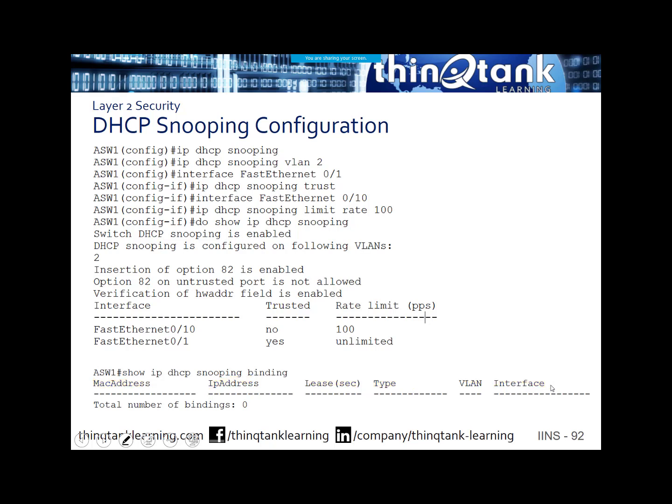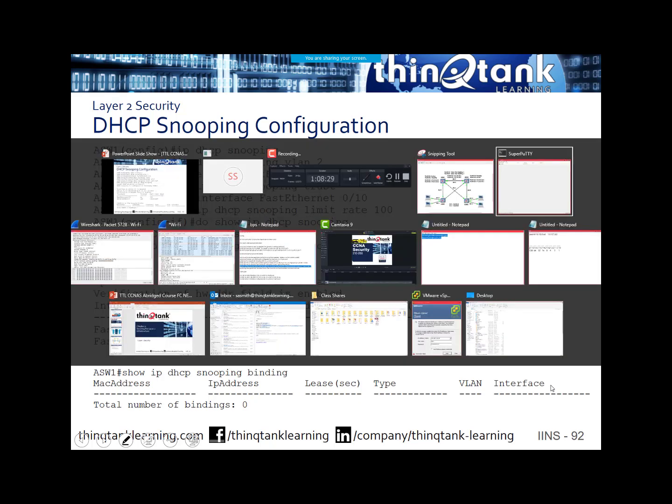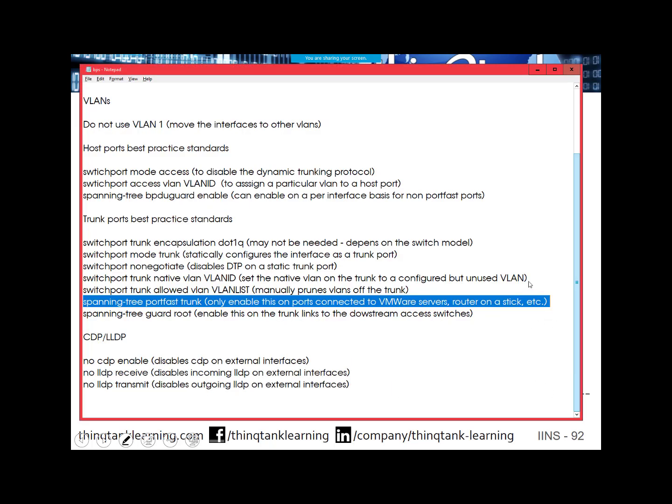Should I add this to our best practice configuration? Yeah, I think so. I think DHCP snooping is definitely something that you would most likely want to run on not all of your switches, but certainly some of your switches. So we're going to go ahead and add some text to our best practice configuration document, which is right here.